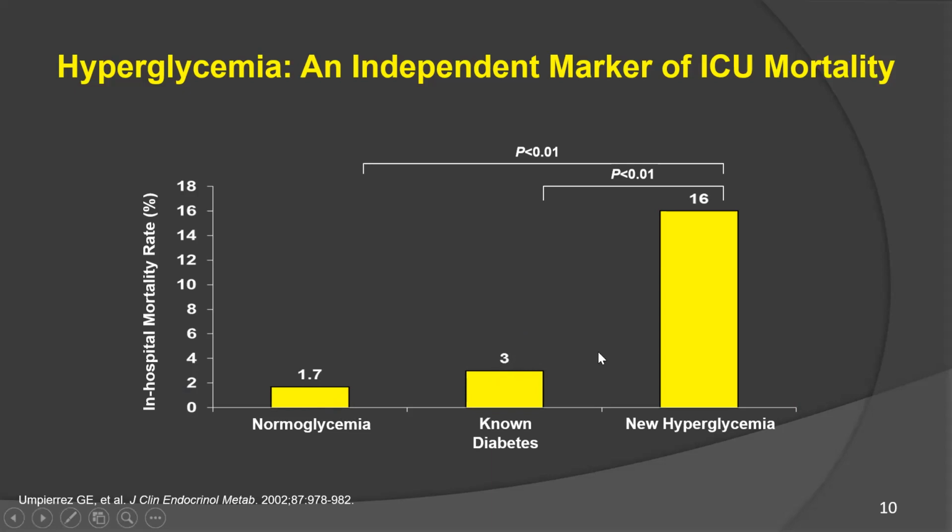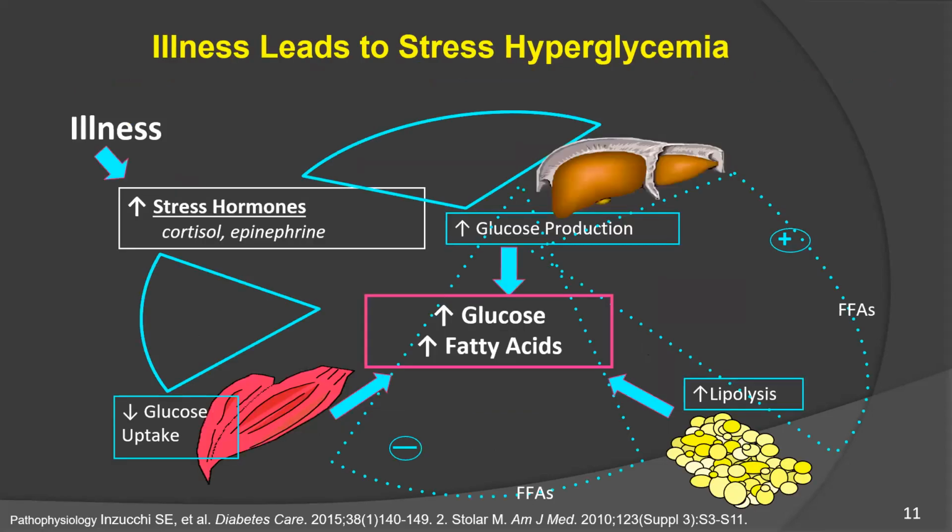And someone who has been newly diagnosed and definitely has high blood glucose levels, the mortality rate is shooting up to 16% according to this research.